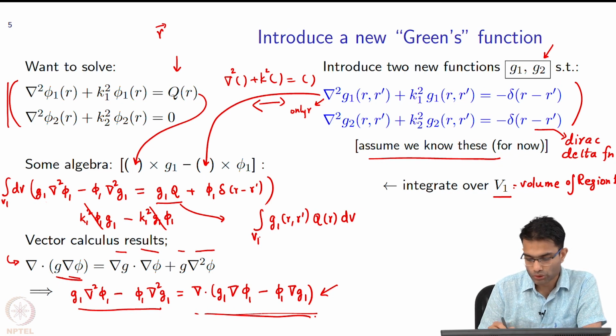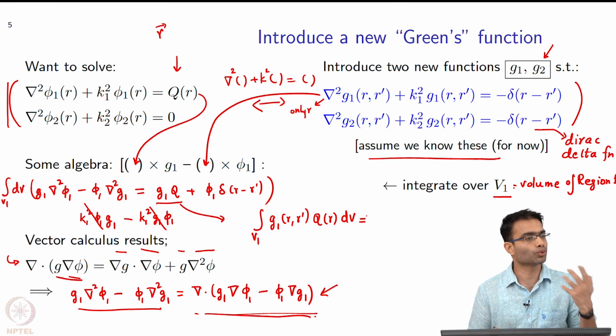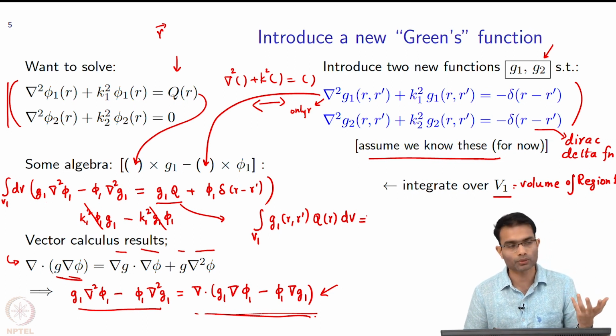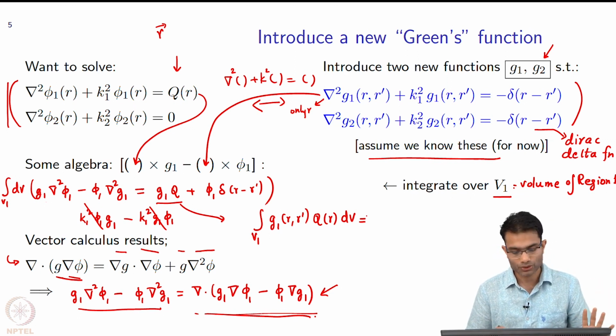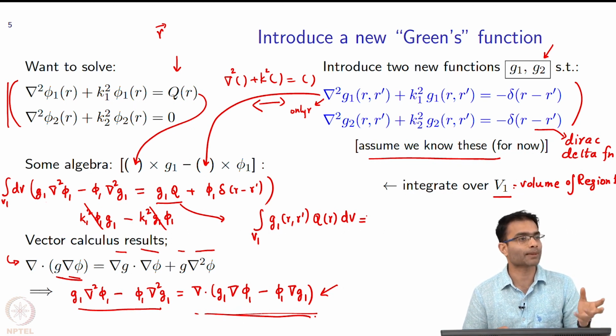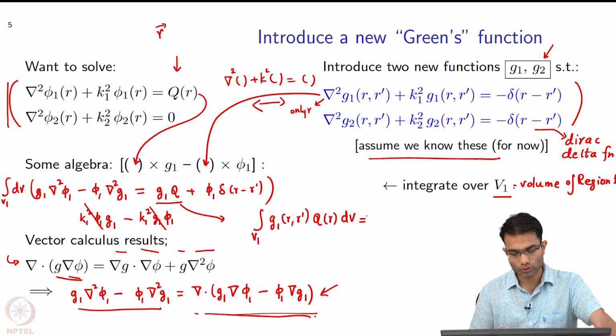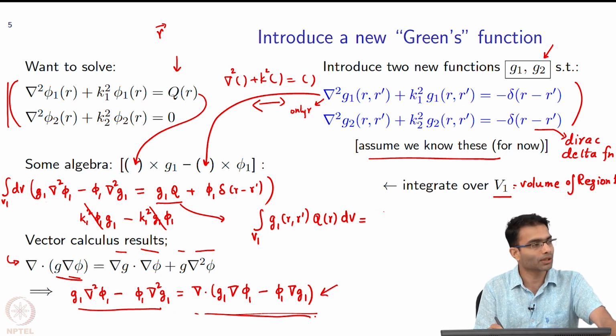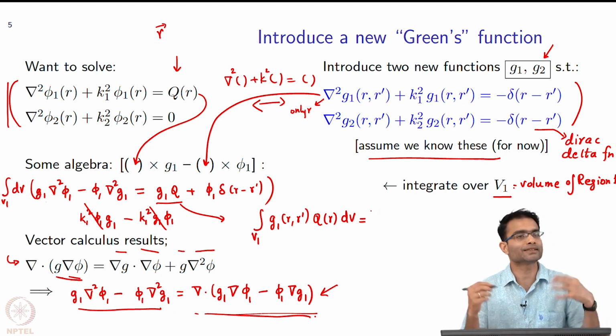If I do all this integration, these are all known things. I have not told you how to calculate G, but we will get to it. So, G1 is known, Q has been given to you in the problem, because Q is capturing what? The current source. So, this term is given to you. I am going to call this the incident field, because it has information about the current source.